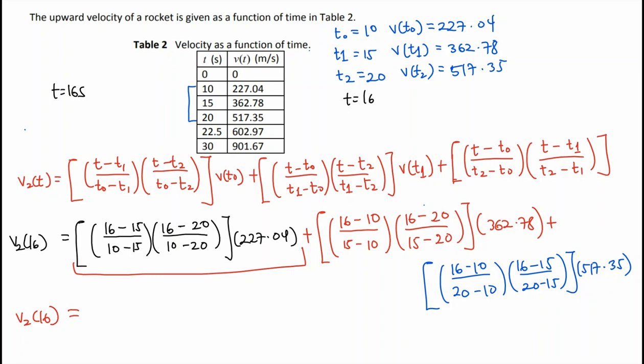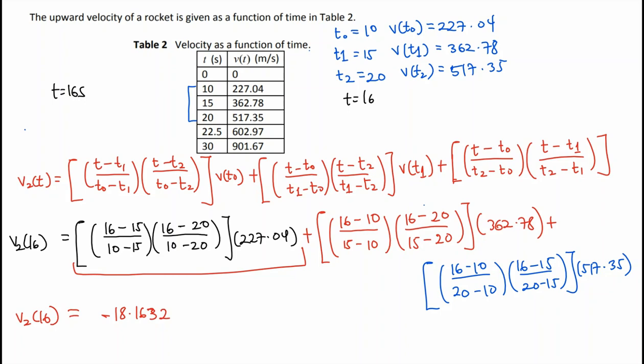All this being multiplied by 227.04. Let's see what you are going to get. So we have a value of minus 18.1632.